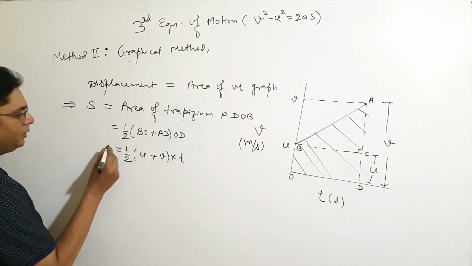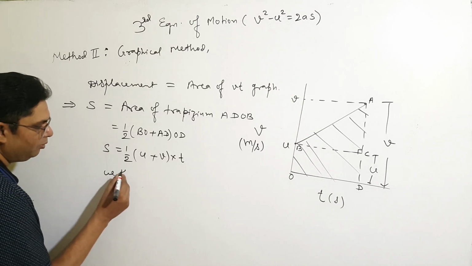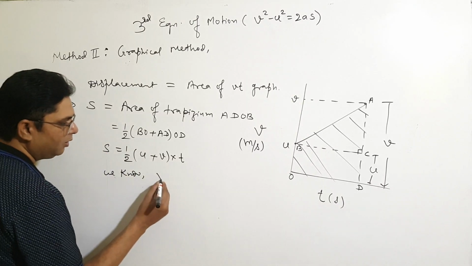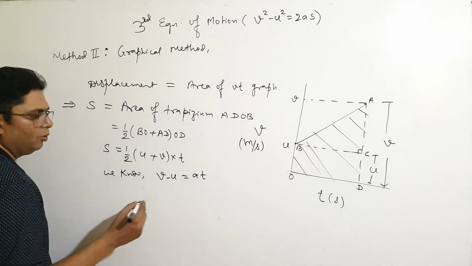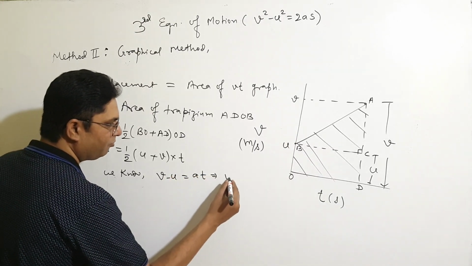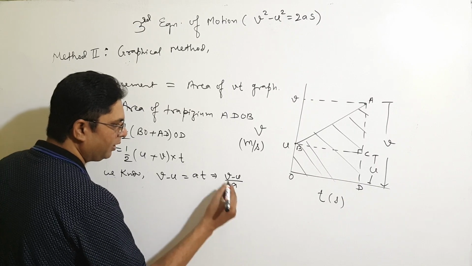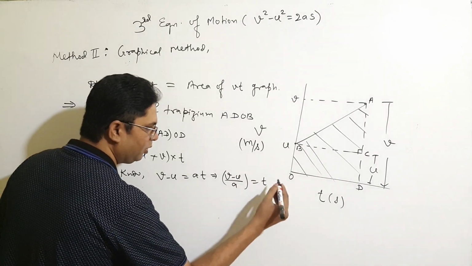Now we know that v minus u equals at, so v minus u upon a is equal to t.